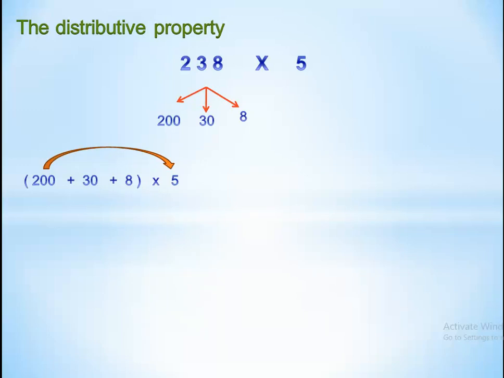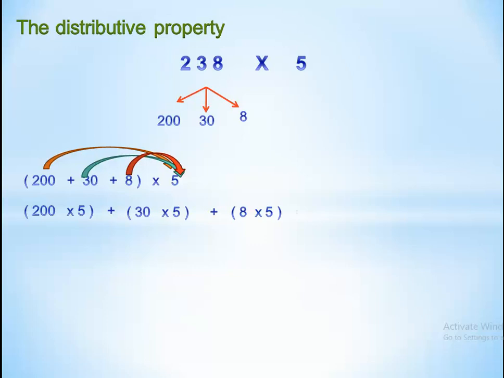This is the decomposing, and I want to distribute. The distribution means each one in this bracket will multiply by 5. So 200 times 5 plus 30 times 5 plus 8 times 5.